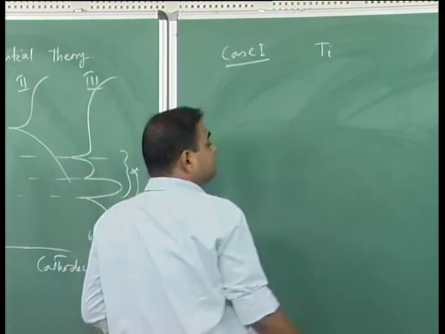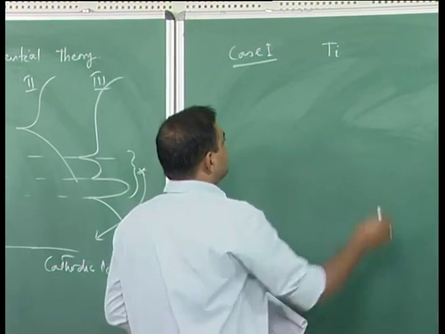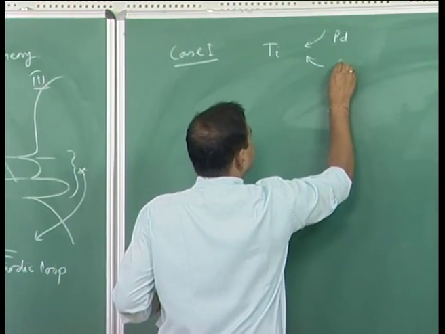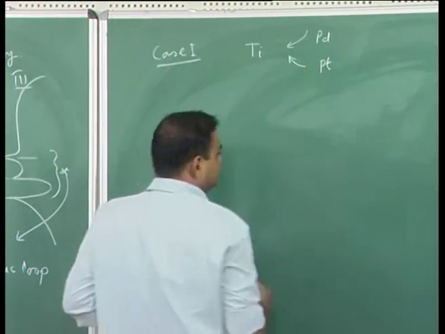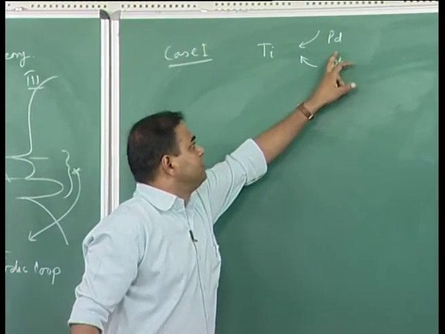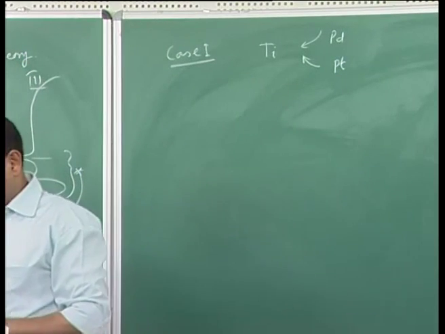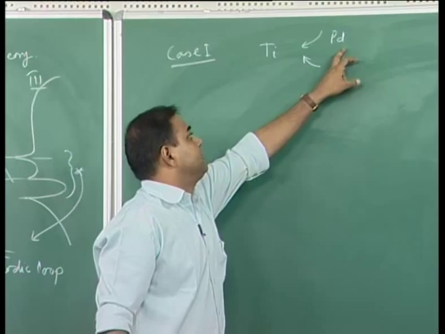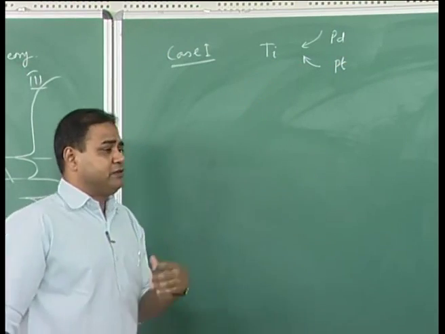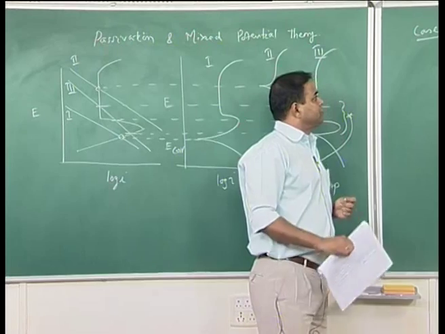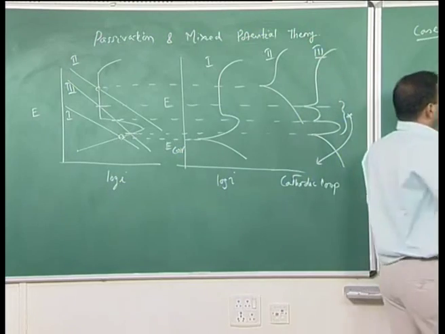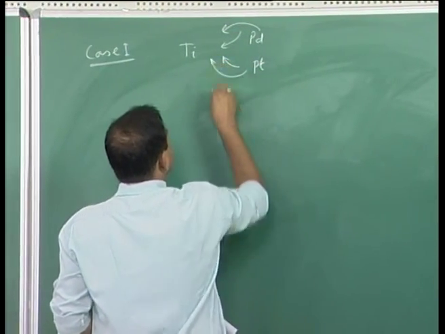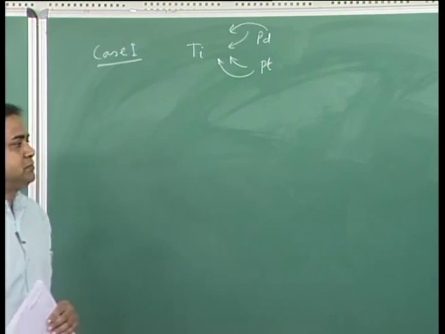Now, in titanium, intentionally palladium or platinum are added. These are very noble metals, having highly noble characteristic, and titanium is very active. Initially, either this or this, they are mixed with titanium homogeneously.